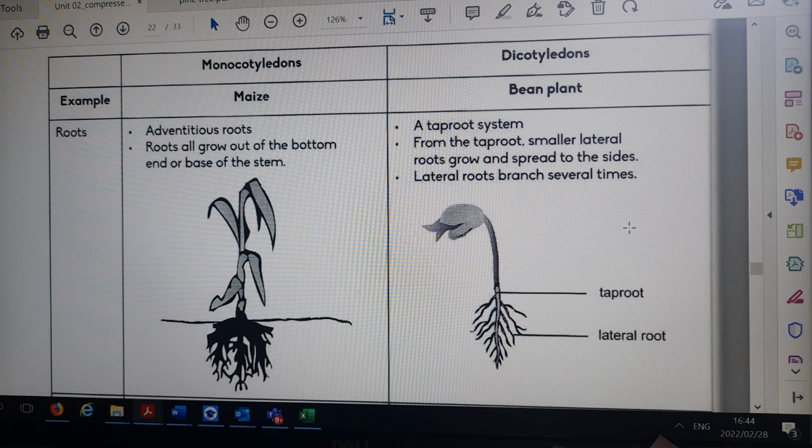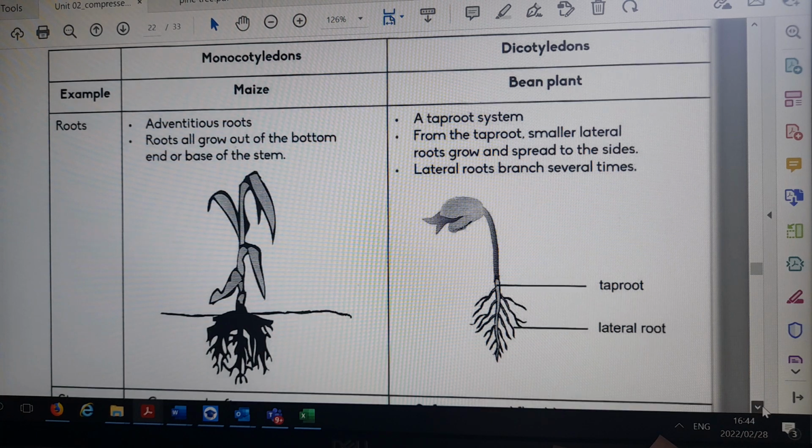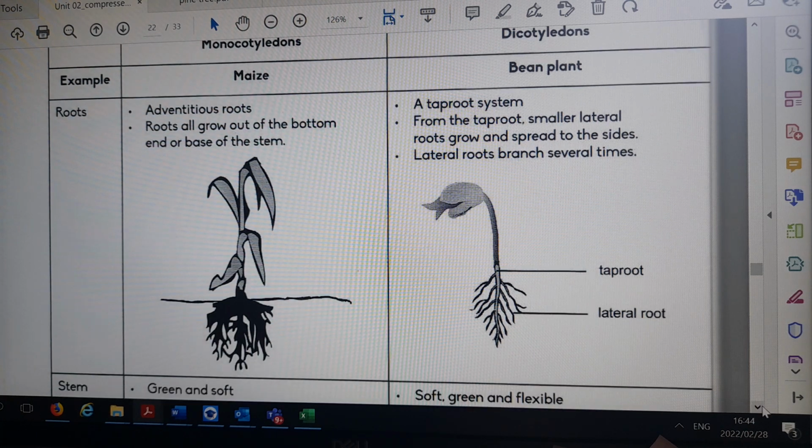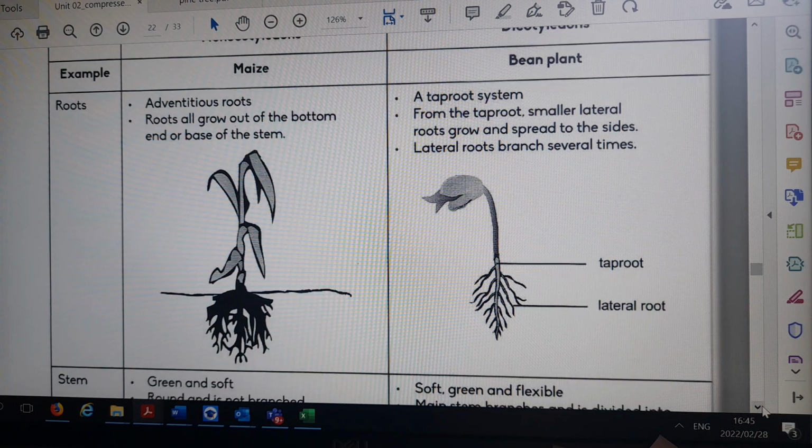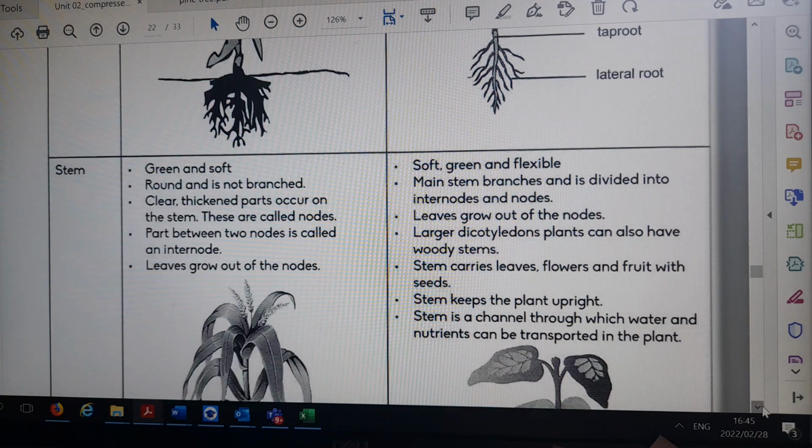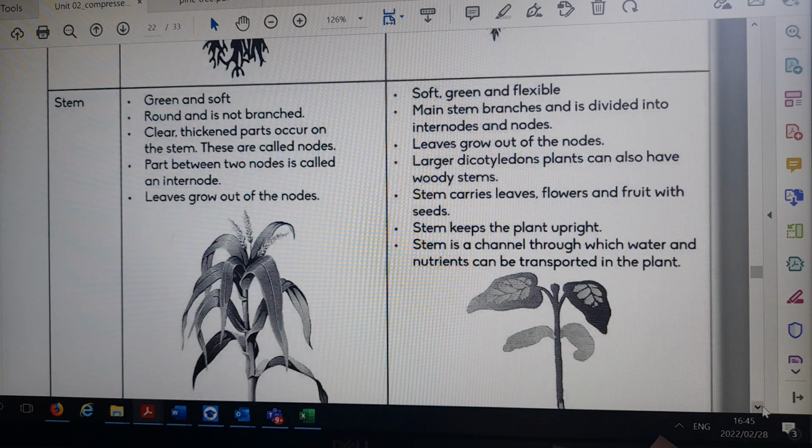Lateral roots branch several times. But this one they call adventitious roots.